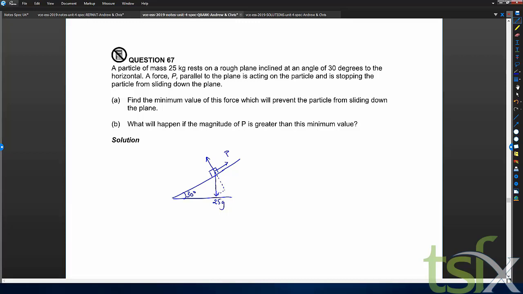Friction's going up. So the motion it's stopping is sliding down the plane. Yep. So the friction will act opposite to that, so the friction is going to be acting upwards. Is that right? Okay. Are we all good with that?